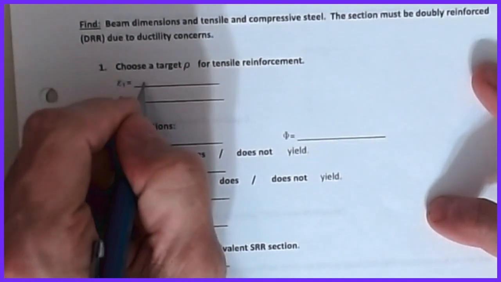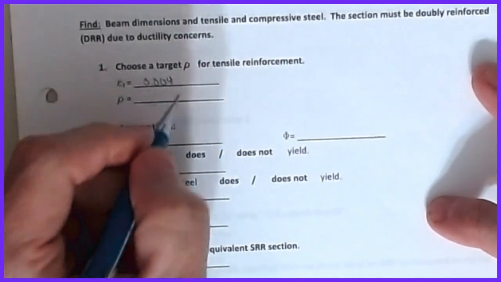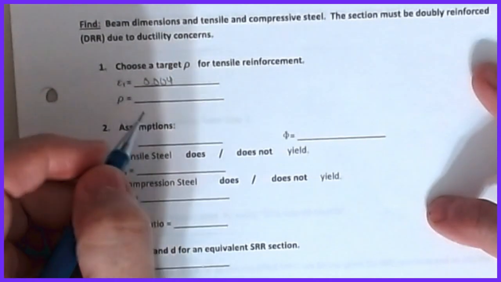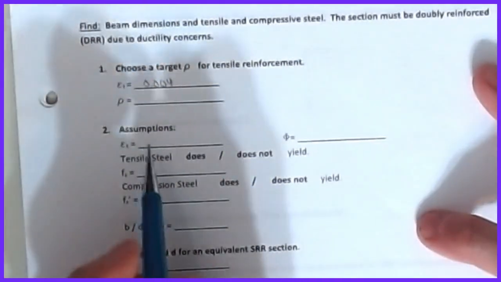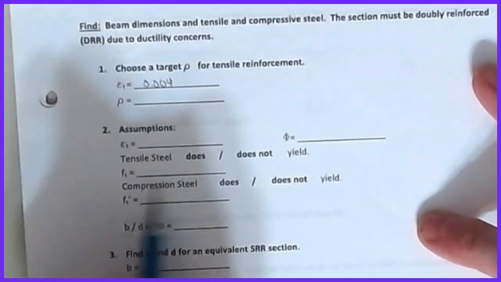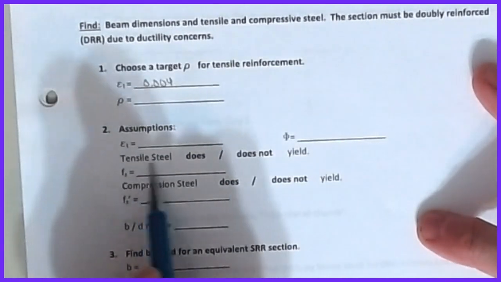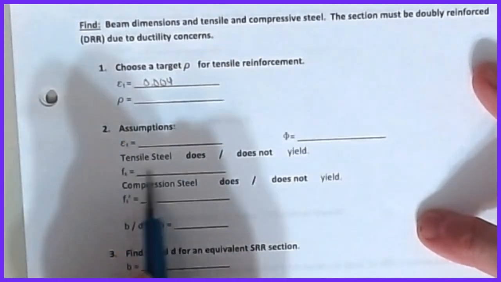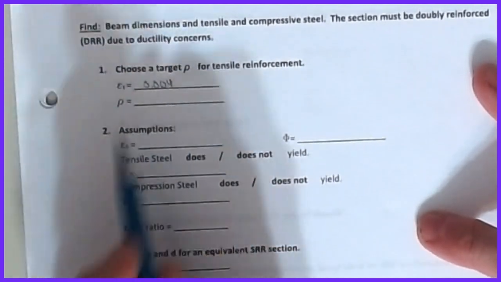And remember, we're just estimating this at 0.004 as our first guess, and then computing the corresponding rho off of that. Then we're going to take some assumptions about epsilon t and phi, and based off of these assumptions, determine whether the tensile steel does or does not yield. So, figuring out, well, okay, does our steel yield if it's at 0.004?